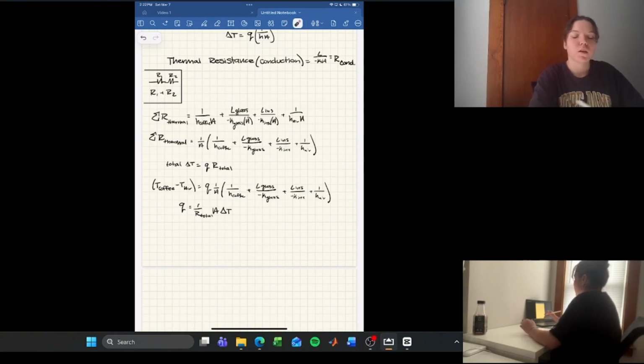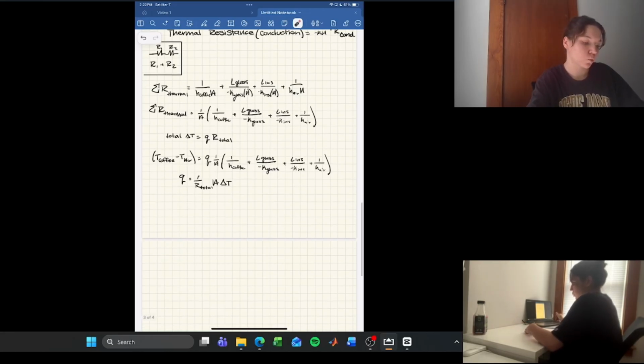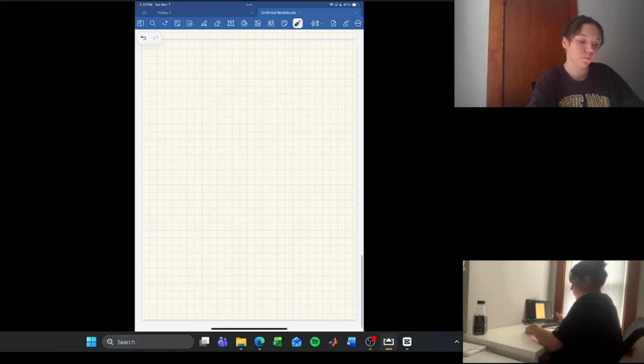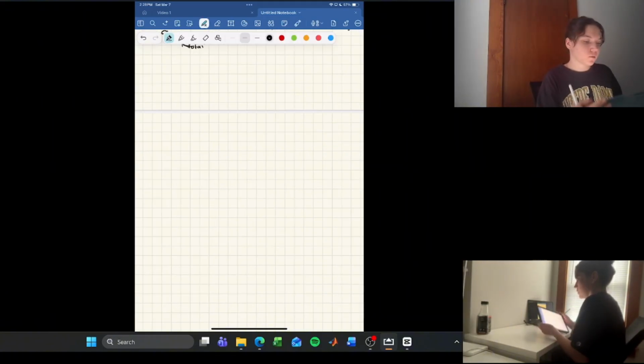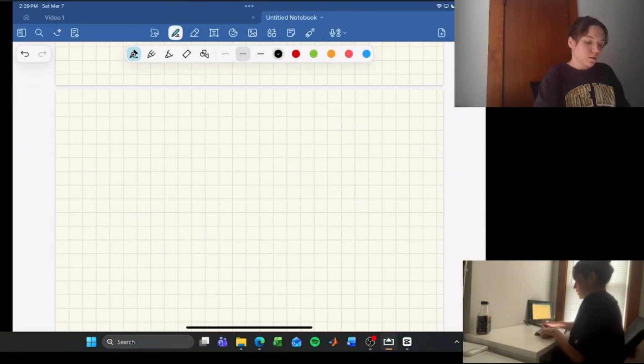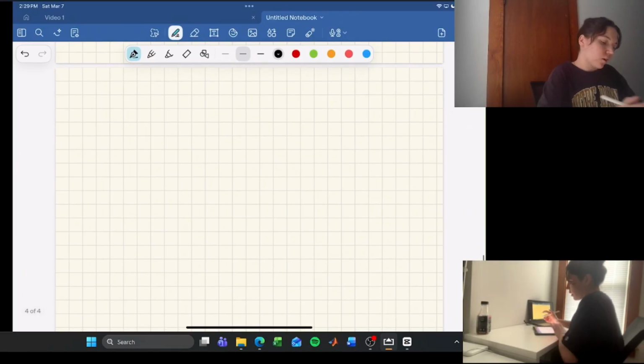So that's how we can use Ohm's law to find the total thermal resistance in series and the total heat flow in series using the thermal resistance analogy for heat transfer. And now we want to look at thermal resistance in parallel. Okay, let's look at series and parallel.